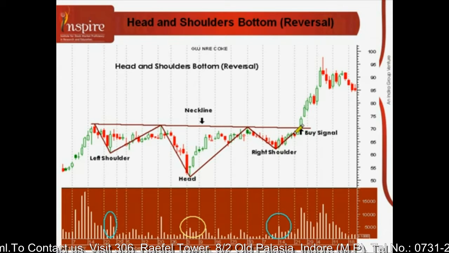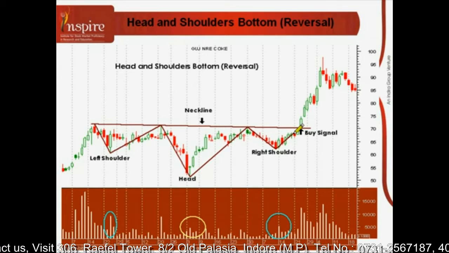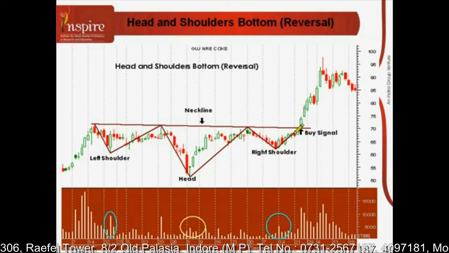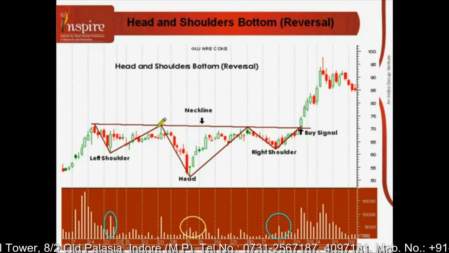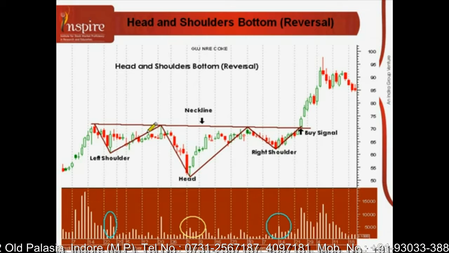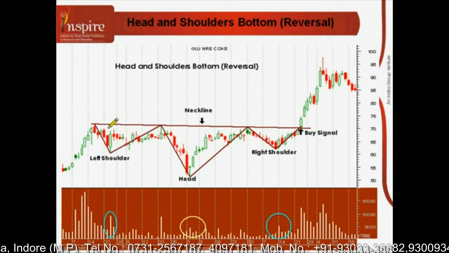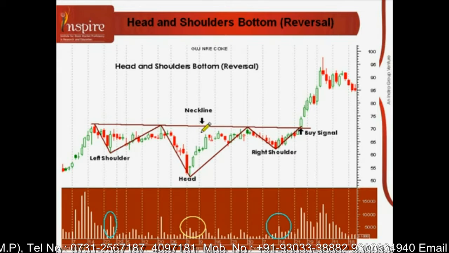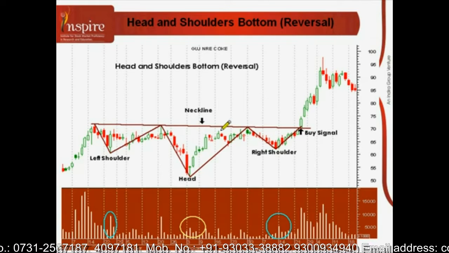Now a very important key element of the pattern is this neckline. This neckline that you can see forming is a very important indicator in the pattern.